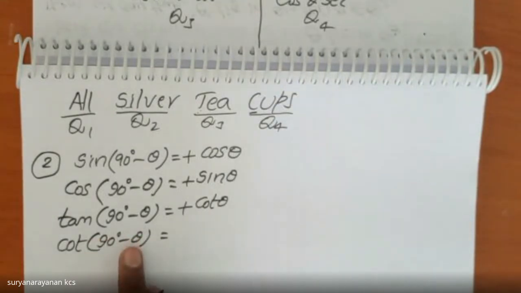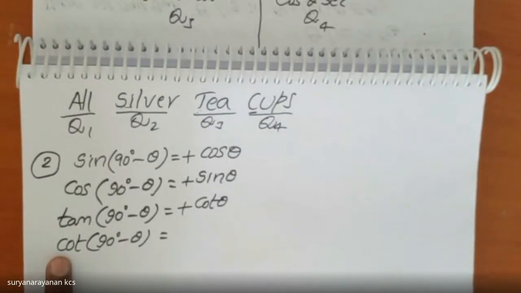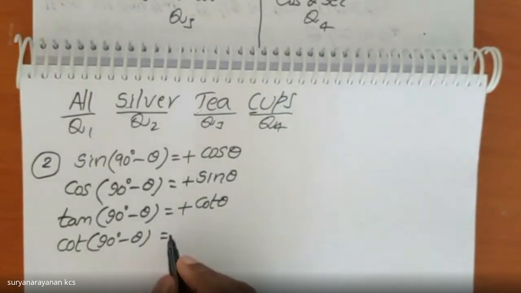First, you have to question yourself: in which quadrant does this angle lie? After finding the quadrant, check whether the given trigonometric function is positive or negative in that particular quadrant. Accordingly, we have to keep that sign, either positive or negative. After that, this part is over.